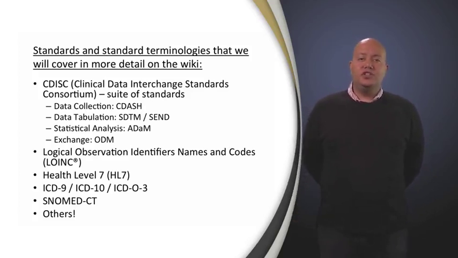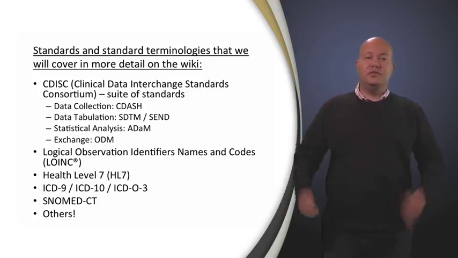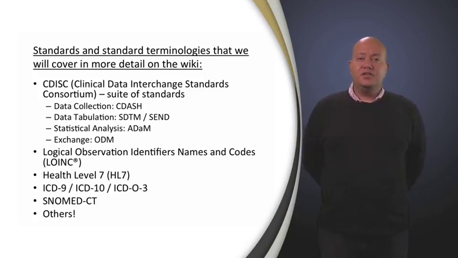LOINC stands for Logical Observation Identifier Names and Codes. Health Level 7 is a messaging system that a lot of the electronic systems in healthcare use to send information around. Then there's the International Statistical Classification of Diseases and Related Health Problems, ICD.